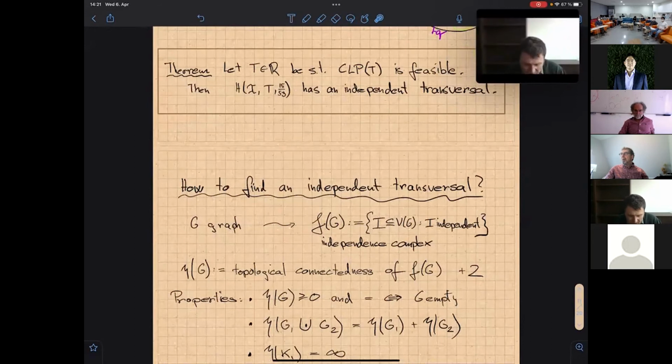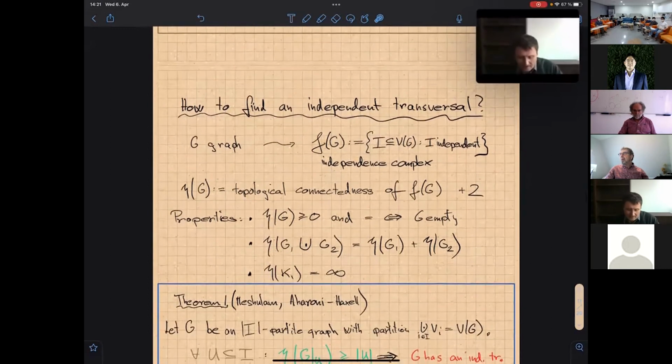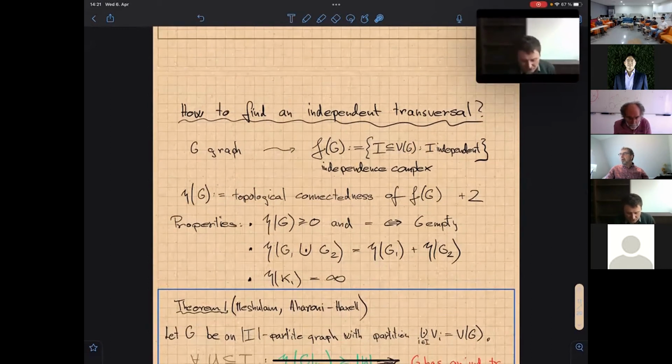Good. So how to find an independent transversal in a graph? This is a very, very well-studied problem, and there is a classic question, which is this: if you have the maximum degree delta, what is the smallest size of the vertex sets which guarantees that there is still an independent transversal, no matter what the graph is?